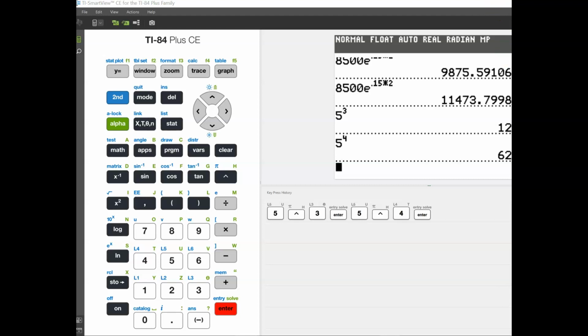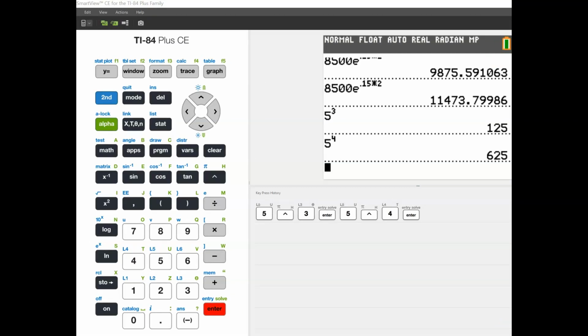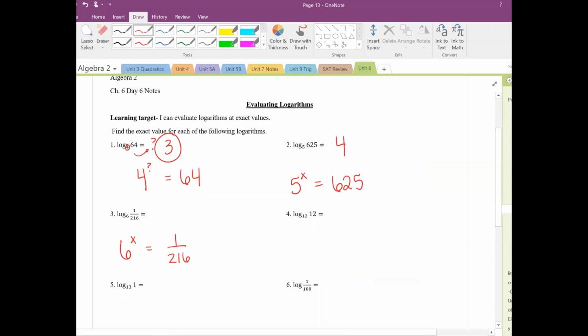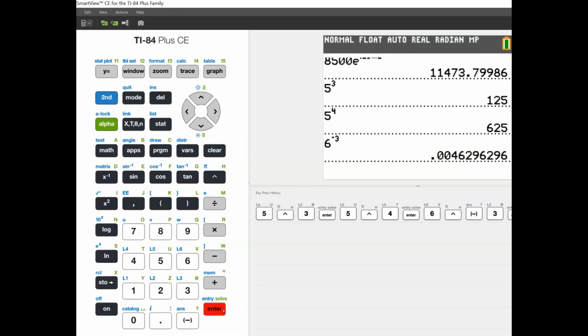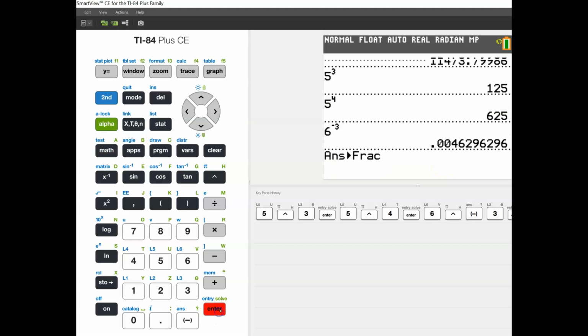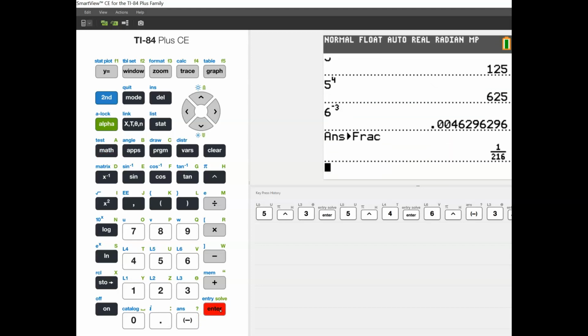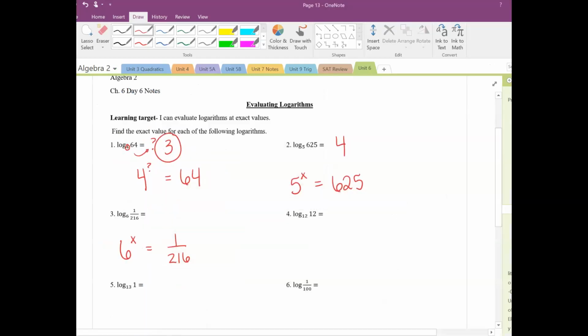I know the second power is going to be 36, so let's try 6 to the negative third power. Math, enter, to see if that is 1 over 216. Perfect. So 6 to the negative third power will give me 1 over 216.